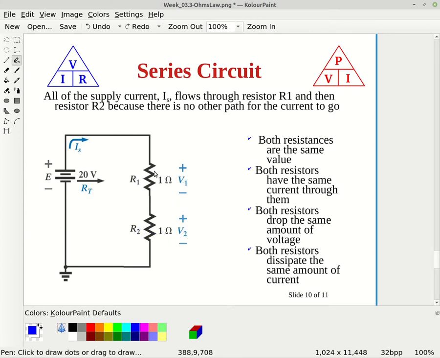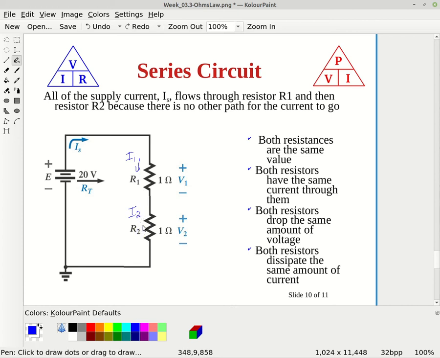Now each one of these is going to have a current flowing through it. So I'm going to have a current I1 and a current I2. I1 is the current through resistor R1 and I2 is the current through R2.